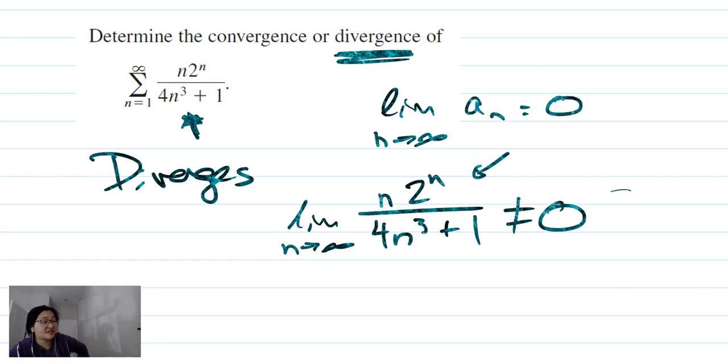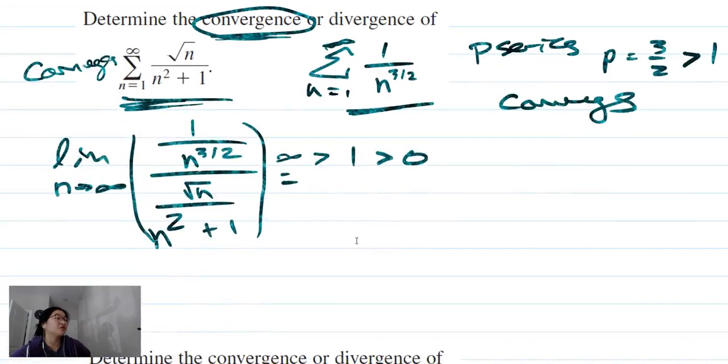So some of the things that we talked about: we just remembered what our nth term test was, which is really helpful. It's generally the first step that you want to make. But we also utilized the limit comparison test, where we're looking at the limit as n approaches infinity of the ratio of two different series, the one that we're given and then something that we come up with.